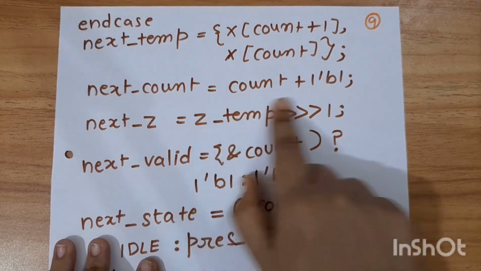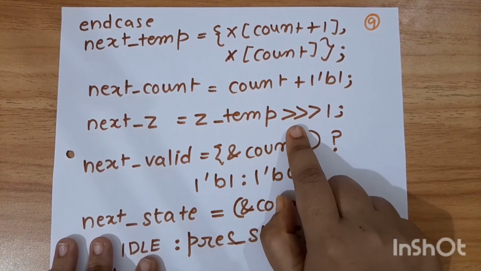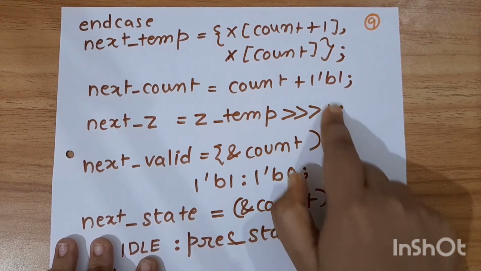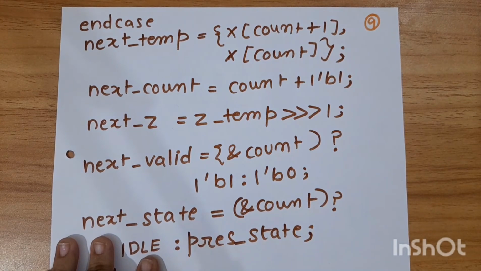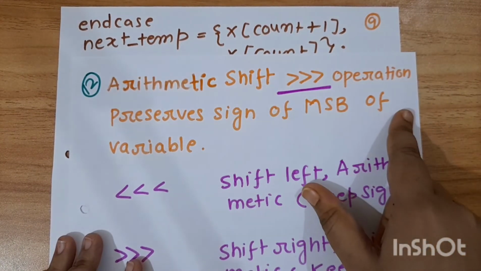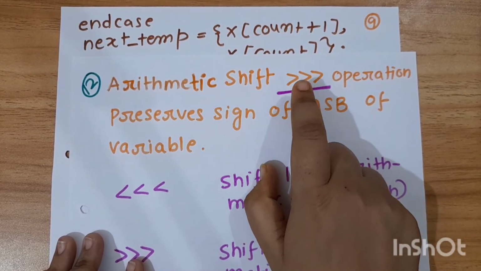Okay. Next Z, what would it be? Z_temp value arithmetic shift right operation 1 semicolon. So this is the arithmetic shift right operation. What is the speciality of this particular operator?